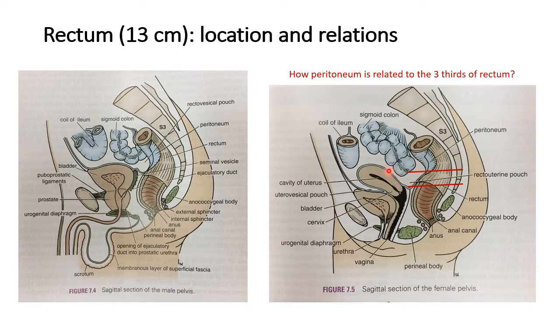If you continue, you will see another pouch which is called the uterovesical pouch between the uterus and the urinary bladder. So these are peritoneal pouches. In the male, there is only one pouch, which is the rectovesical pouch.